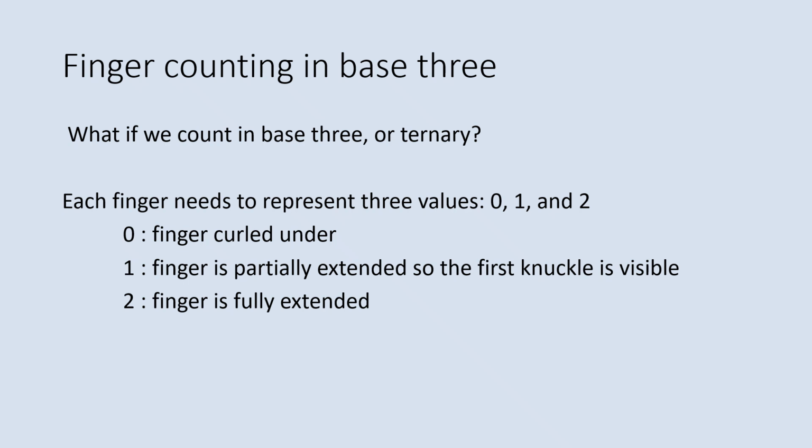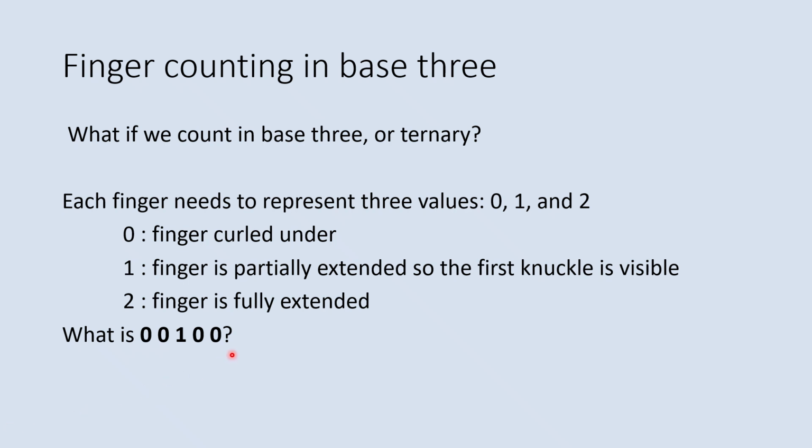It's a little more awkward with the thumb to do that, just because of the limited mobility and the number of knuckles on the thumb, but the idea is there. You could roll it completely under, you could partially extend it, and then fully extend it for the thumb.